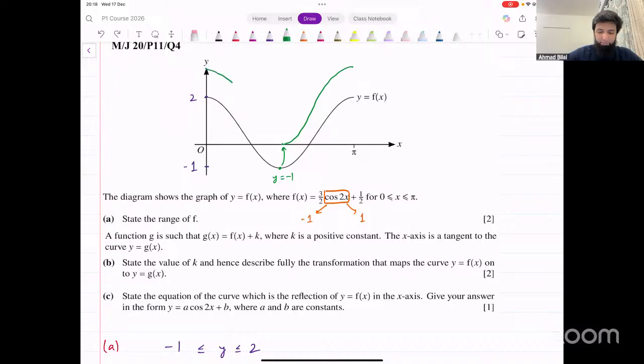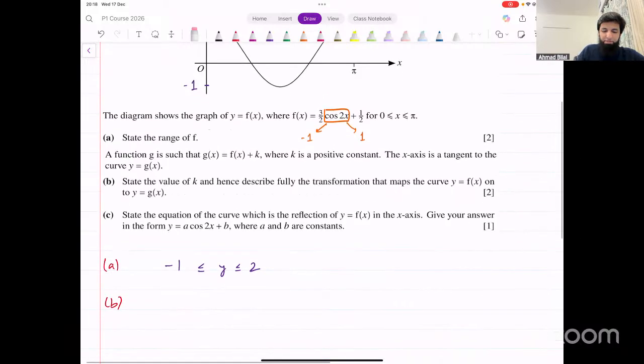So if you move it 1 unit in the upward direction, it'll become a tangent to the x-axis. So what's the value of k going to be then? We just move it 1 unit up. So we say the value for k therefore should be equal to 1.